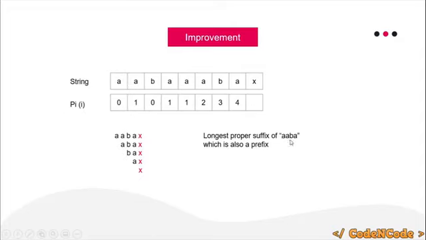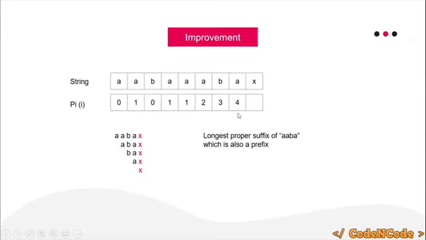So if you go to the position pi of j minus 1, why pi of j minus 1? Because j was initialized with pi of I minus 1. So j is actually 4. Now j is 4.